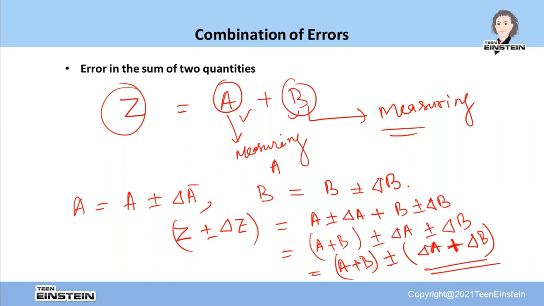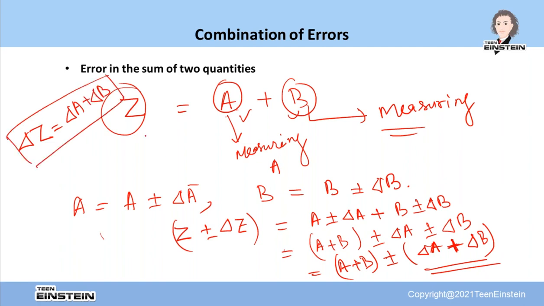So what is the learning point here? The error of individual quantities will be additive. So what is your error in this quantity then? In z, delta z, the error will be delta a plus delta b.